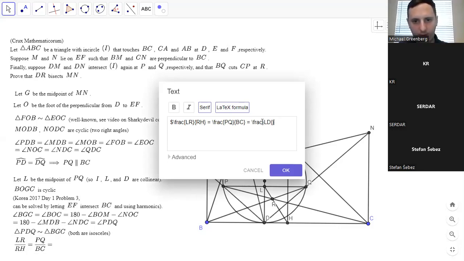Whoops. That means that D, R, and G are collinear. That means that DR bisects MN. Oops.